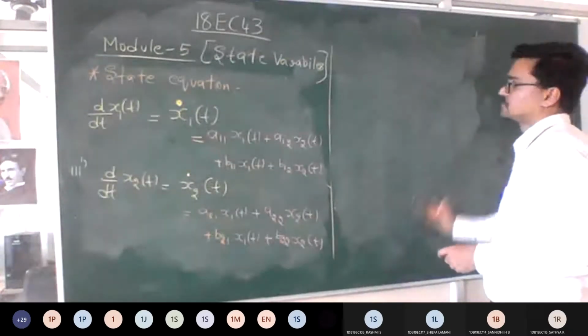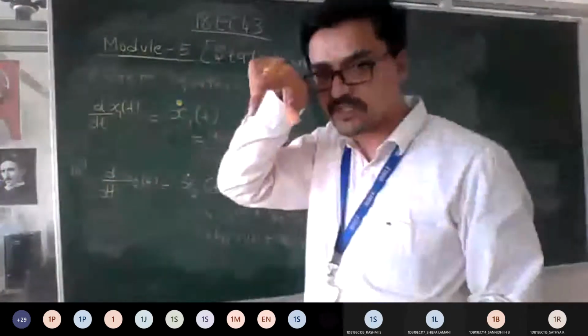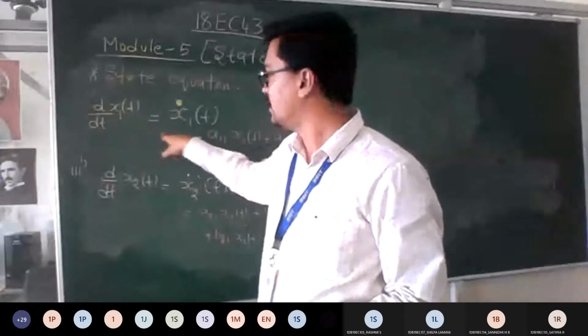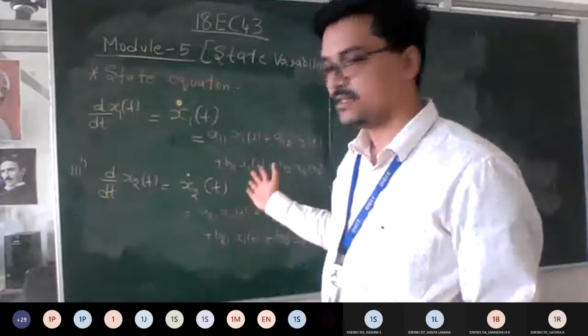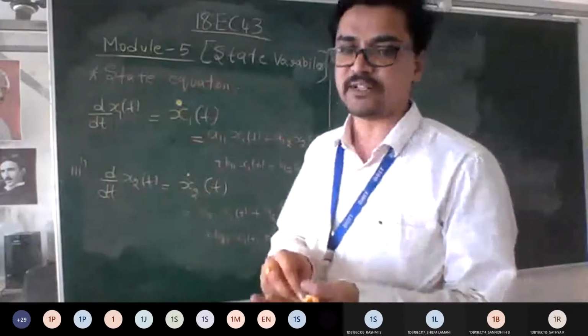The only difference from the previous one is this, and you just need to be aware of it: whenever you do differentiation of this, you can represent it straight away in this way. Now, how we did in the previous category, representing the things in matrix form, the same thing I want to represent here.